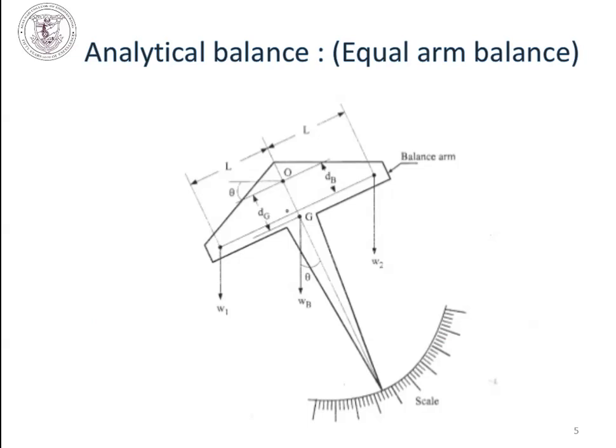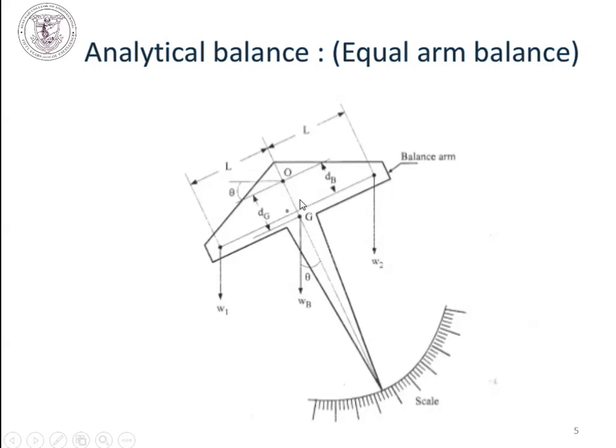Here we have different weights W1 and W2. This is an unbalanced pointer, equal arm balance. We can see here this is the balance arm. Presently it is in an unbalanced condition.